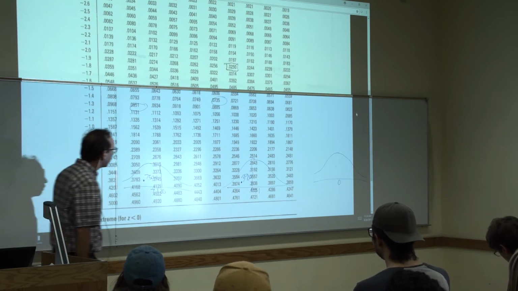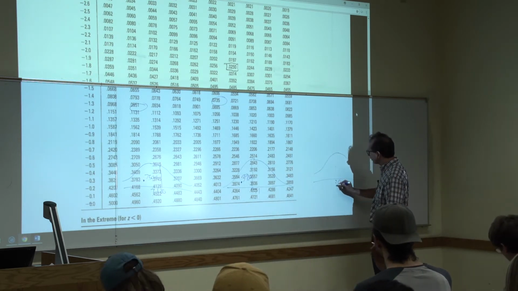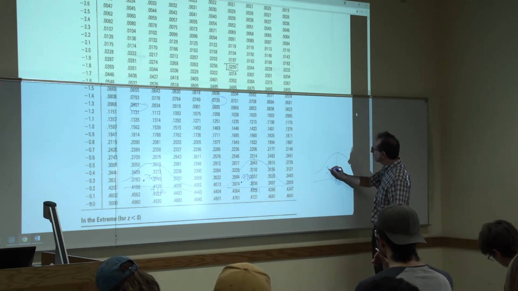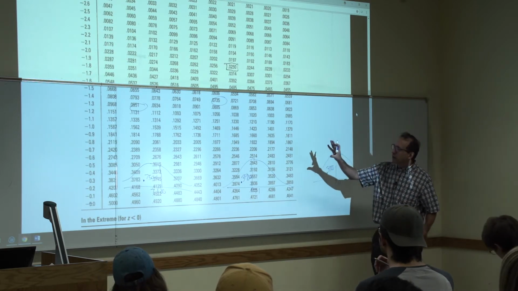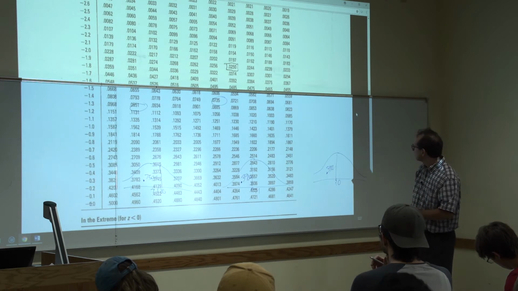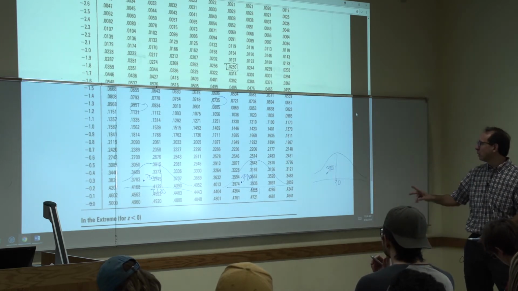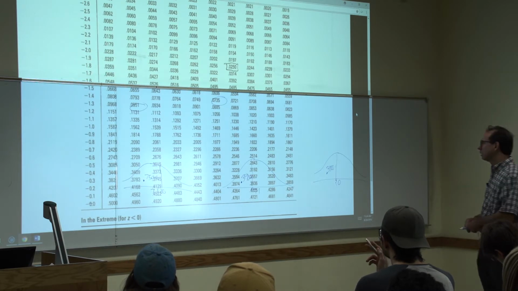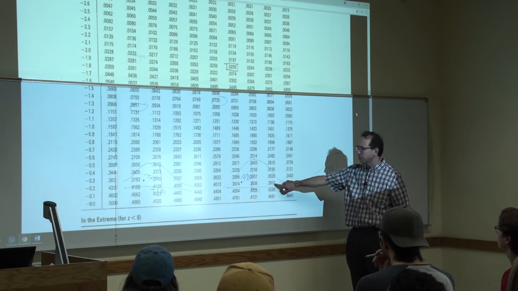So what's the z-score? What is our z-score here such that the area under the curve to the left of this z-score is 0.39? So what are we going to do here? Look in the body of the table and get as close as we can to 0.3900 in the body of the table. So if you do that, where do we end up here? Right? Looks like right here, right? 0.38.